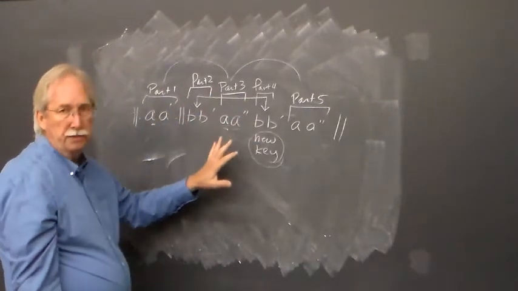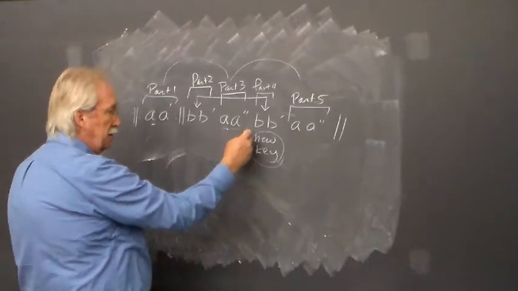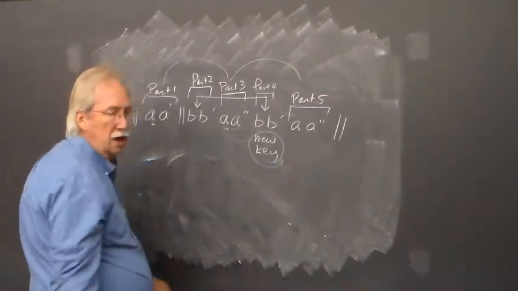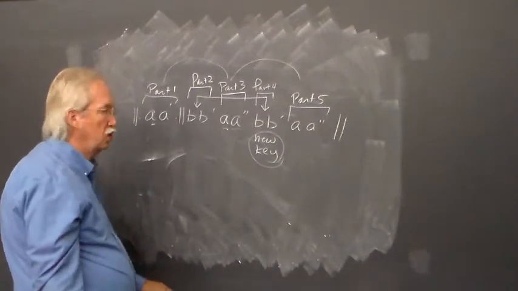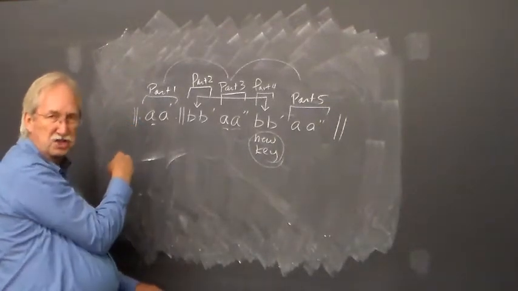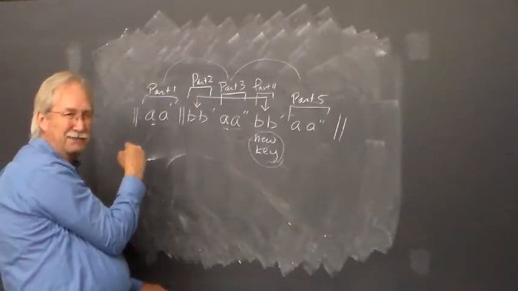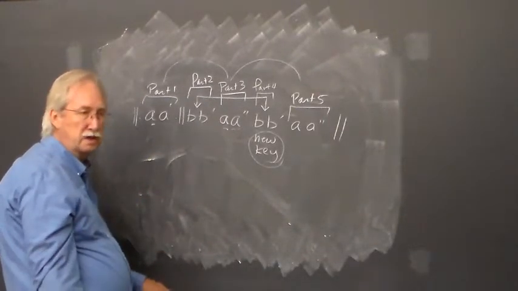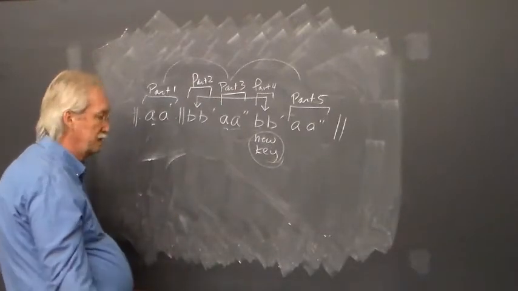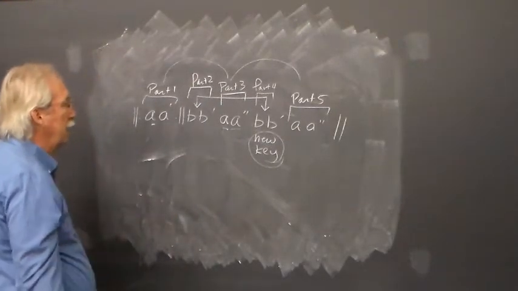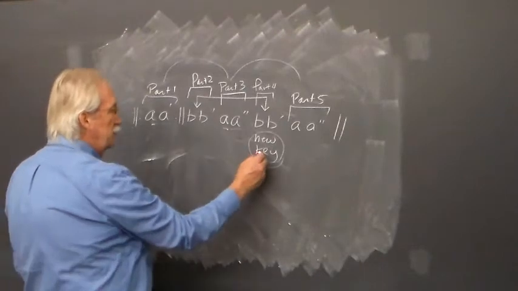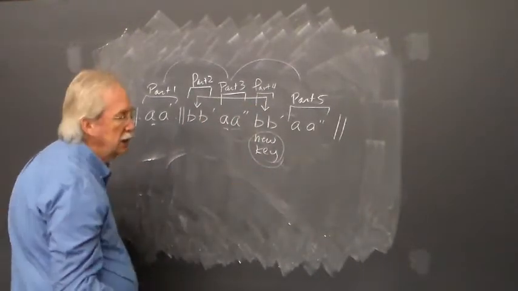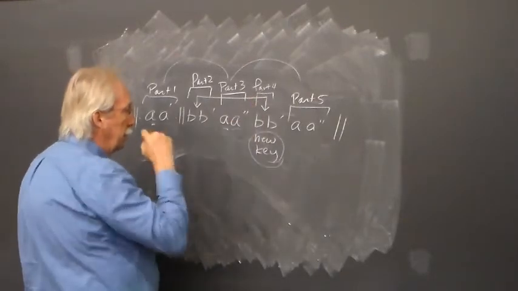So these are bigger, and they can have connecting passages, transitions or retransitions, or they can have little codettas at the end, or simple introductions. Usually they're not going to have an independent introduction, but we're going to see one in a minute that has a little 2-measure spinning figure that starts with a simple introduction. But this is the situation with this material coming back, but it's in a new key. So that will be a part 4.